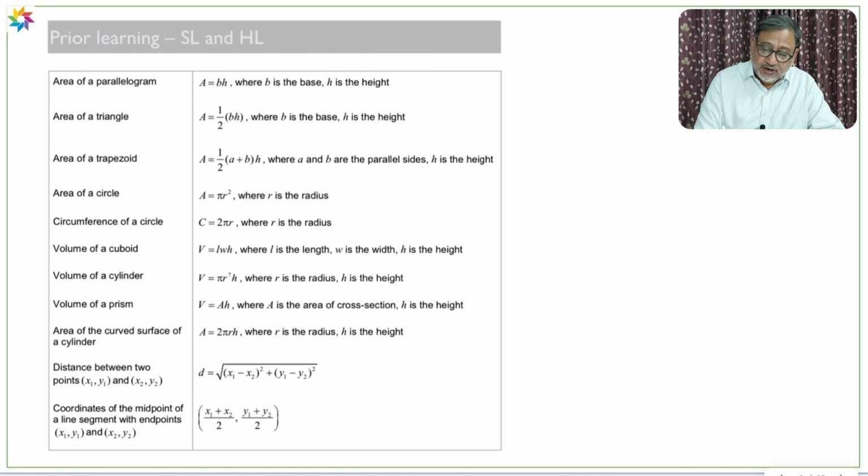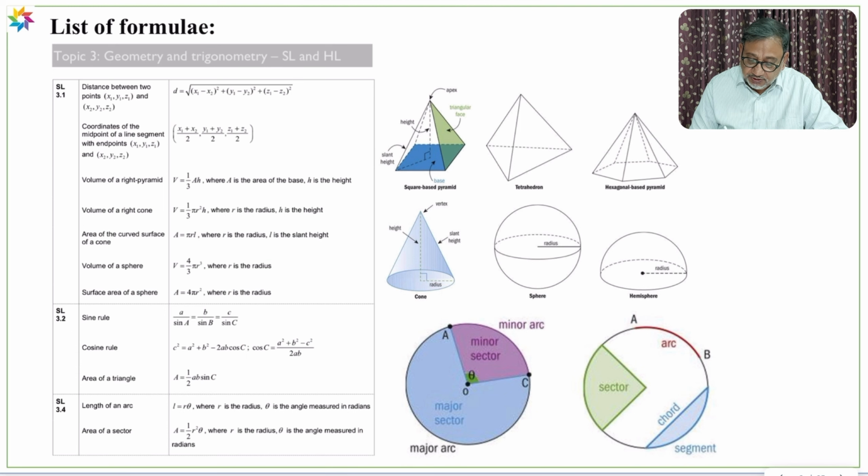Then the list of formulas which will be provided to you in the exam is this one, SL 3.1, 3.2, 3.4. 3.3 is not having any formula, so up to 3.4. Now these are the figures I have put here for pyramid. This and this are all pyramids.